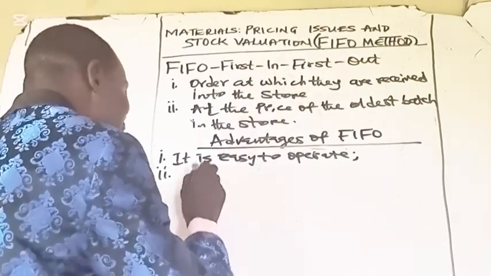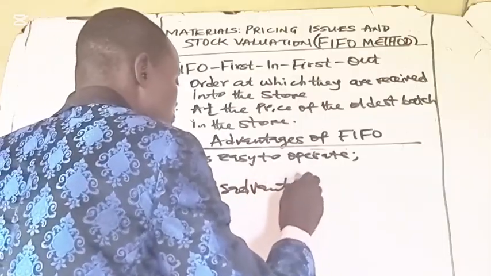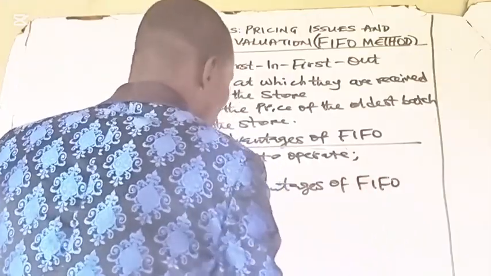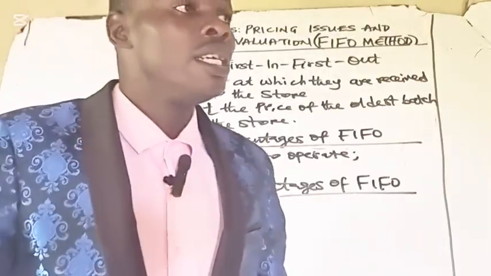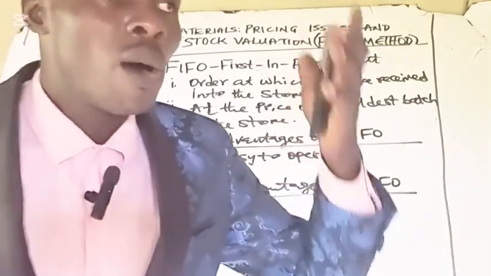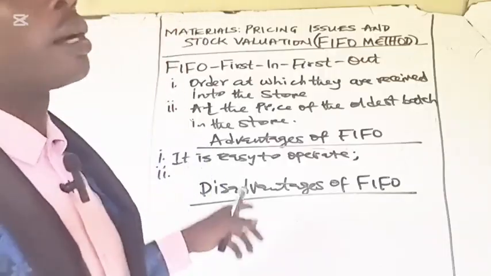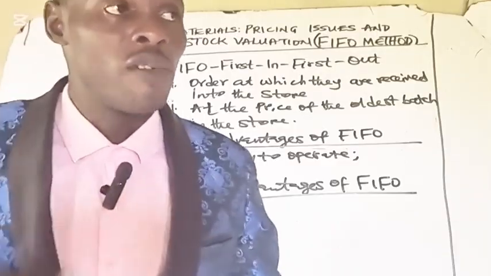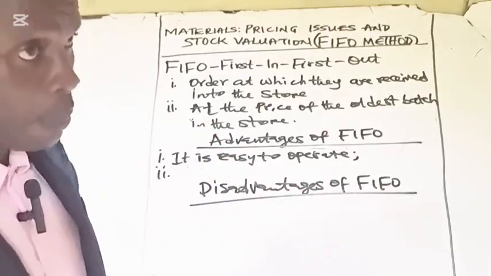What are the disadvantages of the FIFO method? If you say FIFO, you are correct; if you say FIFO, it is equally acceptable. Number one, in the period of inflation, this method overstates production cost and understates profit.